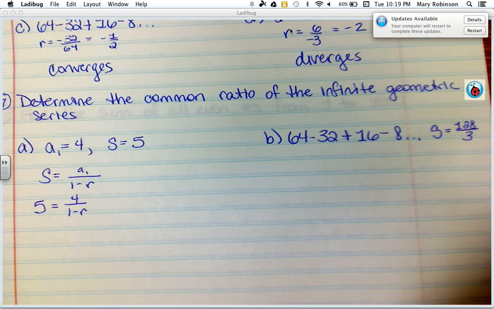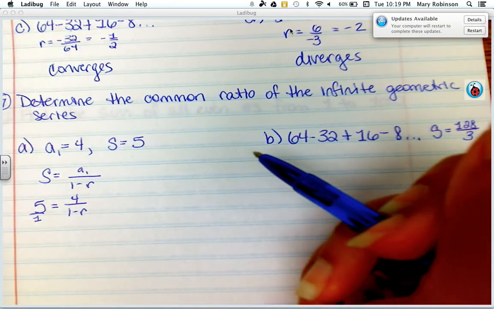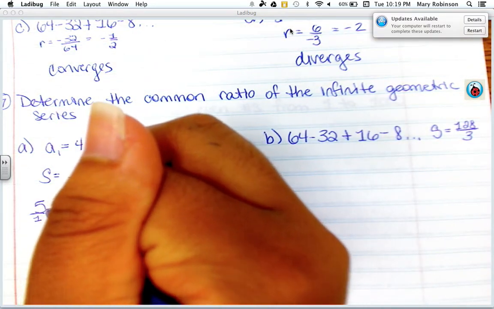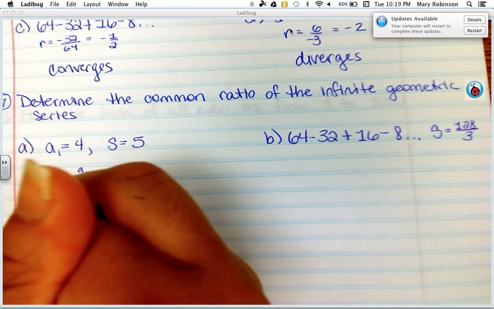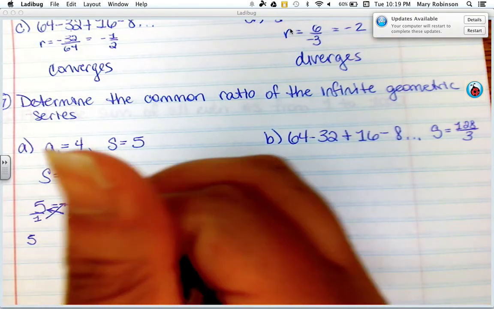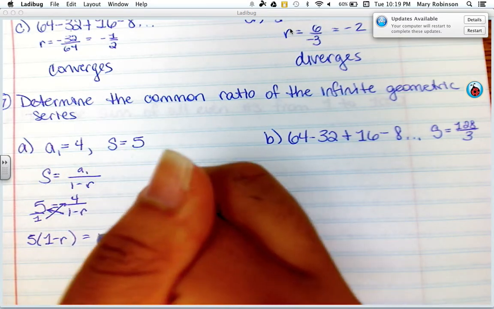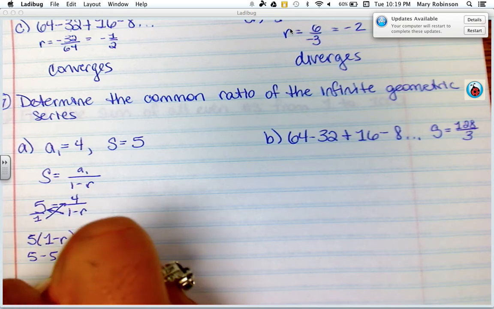So we're given S, so 5 equals, and we're also given A sub 1, so 4 over 1 minus R. So we can make this a 5 over 1. So then to solve, we will cross multiply. So that times that, and that times that. So we'll get 5 times 1 minus R equals 4. So 5 minus 5R equals 4.